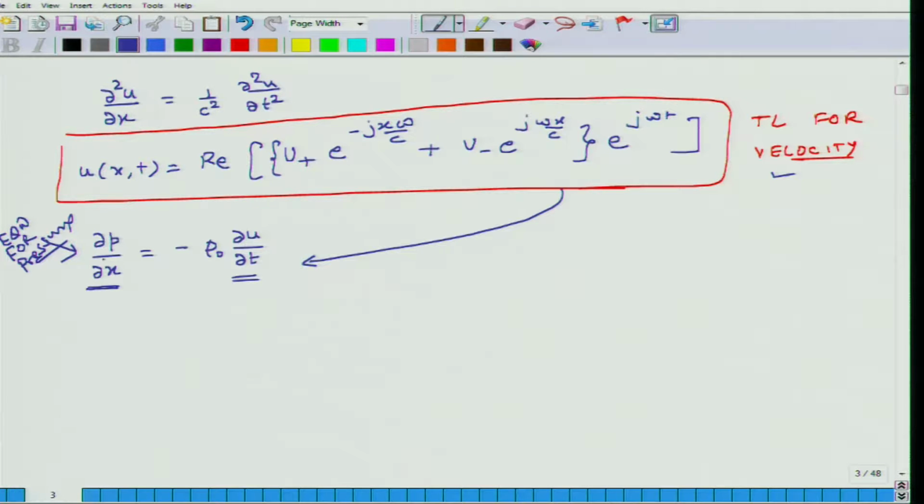So on the left hand side, I am going to differentiate the transmission line equation for pressure with respect to x. So I get p plus e to the minus j omega x over c times minus j omega over c, plus p minus e to the j omega x over c times j omega over c.